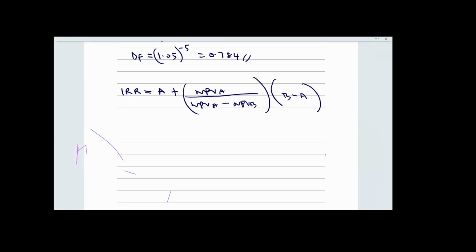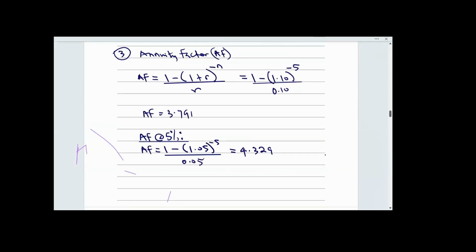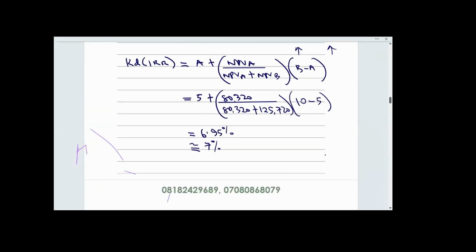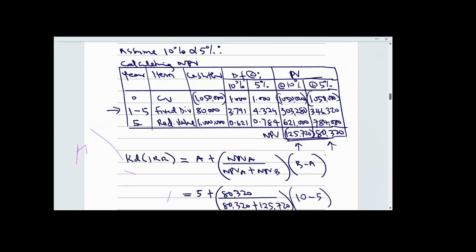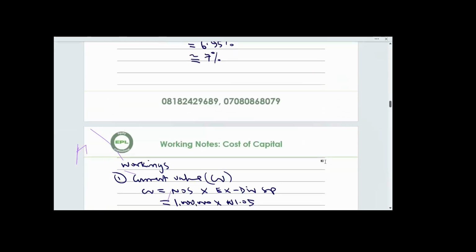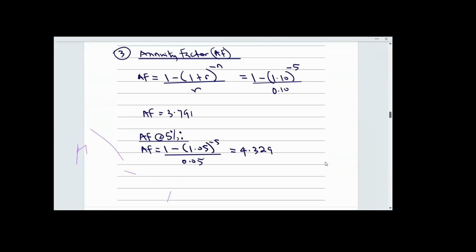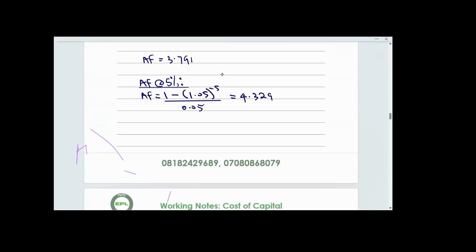And you know that the NPV of the higher discount rate will always be negative. That's why you see from our calculation here, the NPV at the higher discount rate of 10% is negative 125,720. So negative times negative will give you positive. Do you understand?